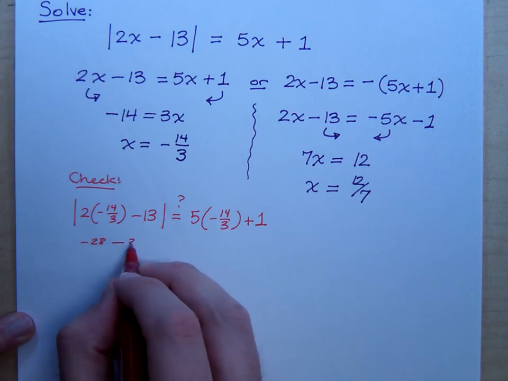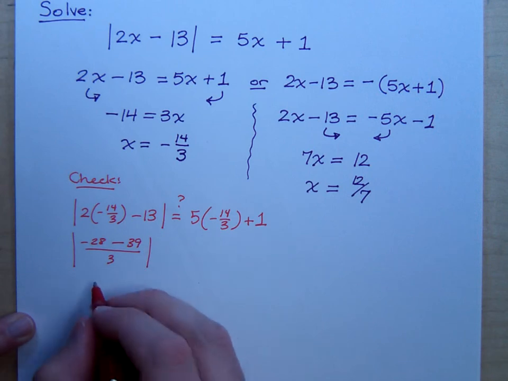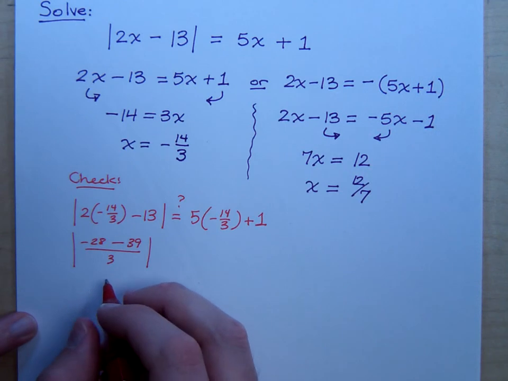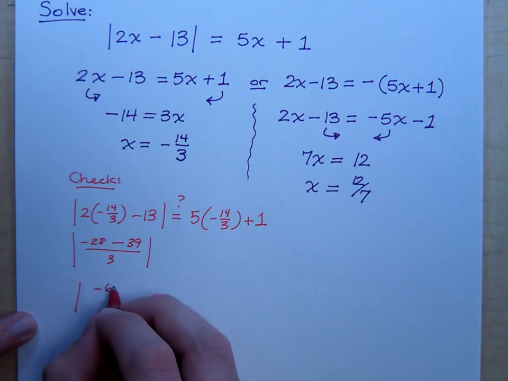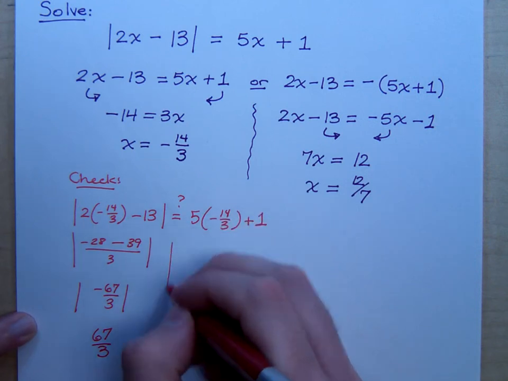This is going to be -39 over 3. So that gives me, what is that? Okay, fine. That's -67/3, which is going to give me a positive 67/3. Do y'all agree?